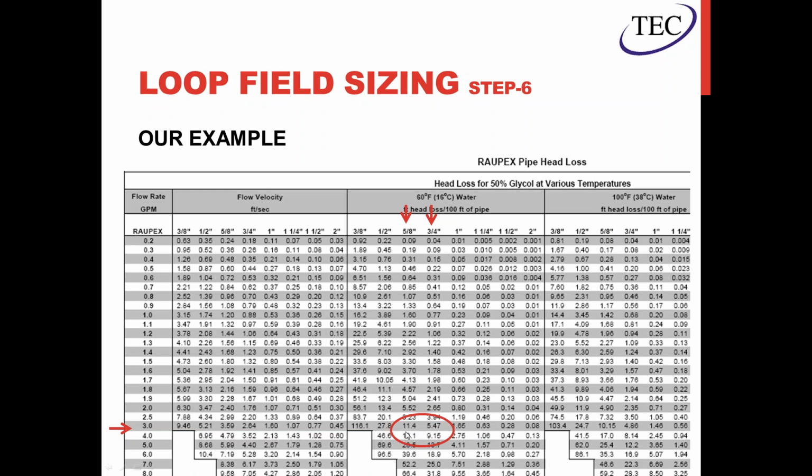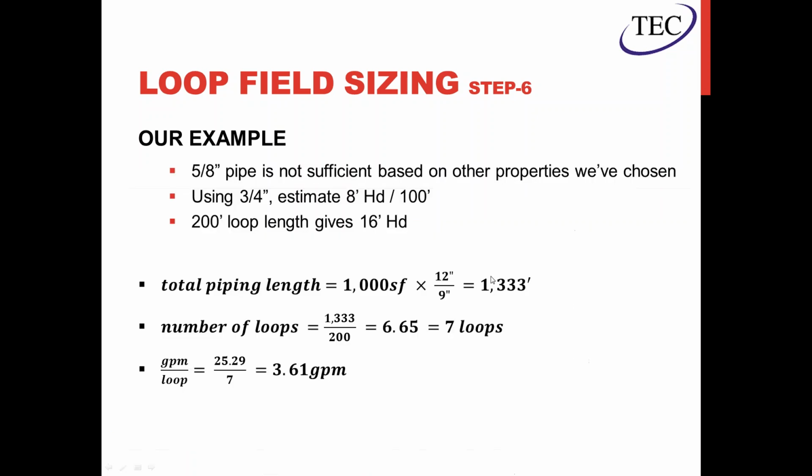So in this case, we would probably want to move up to the 3/4 inch, which is only giving us about 6 to 8 feet of head loss per 100 feet of pipe. As you can see here, 5/8 is not acceptable. For our 200-foot loop length, we're dealing with 16 feet of head in this design scenario.